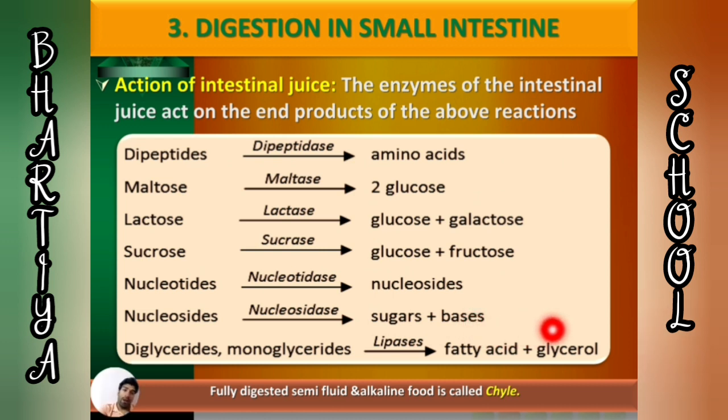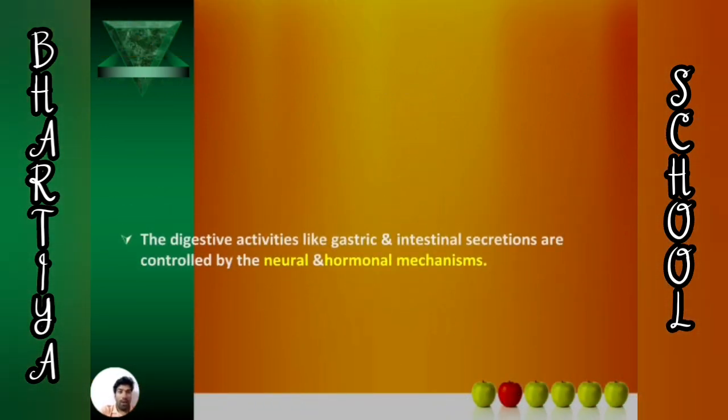Fully digested semi-alkaline food is called chyle, or we can say that the food when mixed with the intestinal juice is also called chyle. The digestive activities like gastric and intestinal secretions are controlled by neural and hormonal mechanisms.